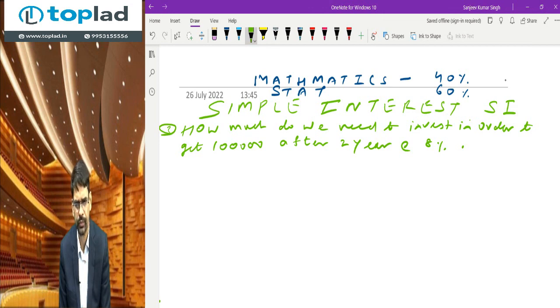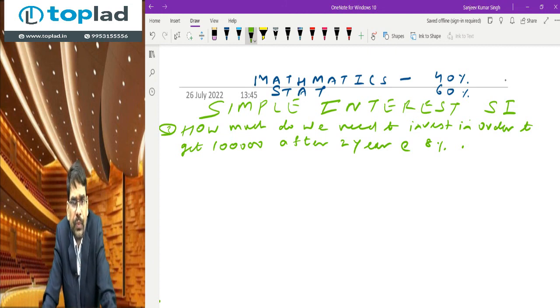In my class, each and every student becomes familiar with the concept and does more and more practice questions at home based on this concept. With the help of this concept, you can attempt n number of questions.